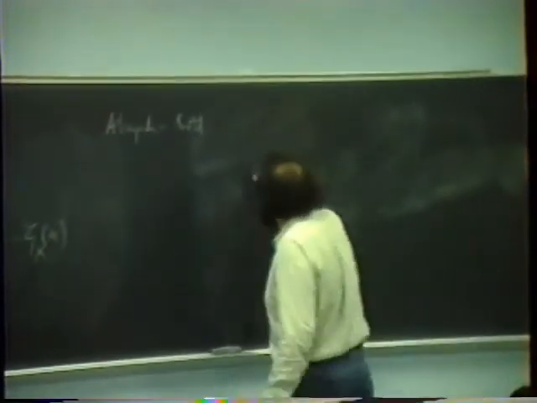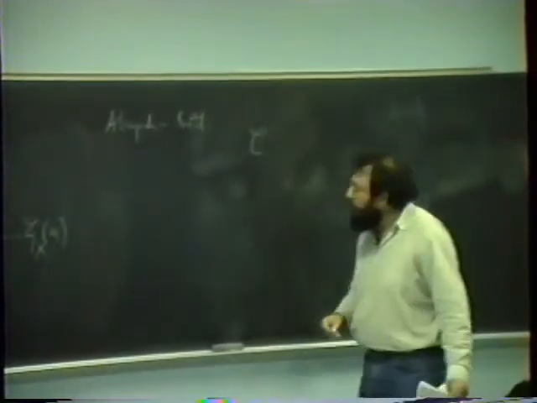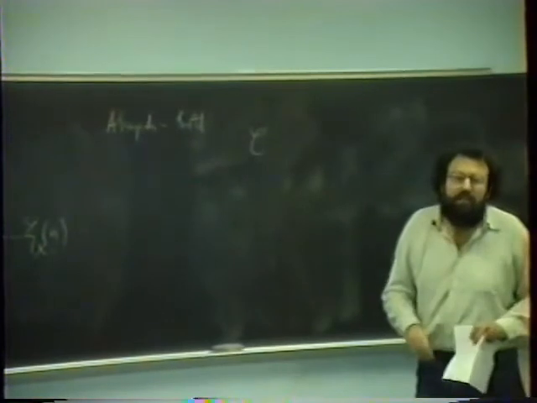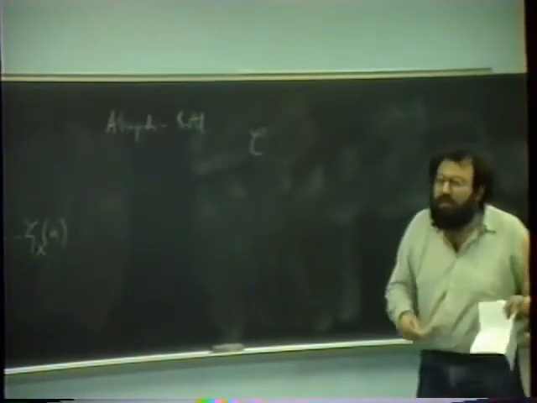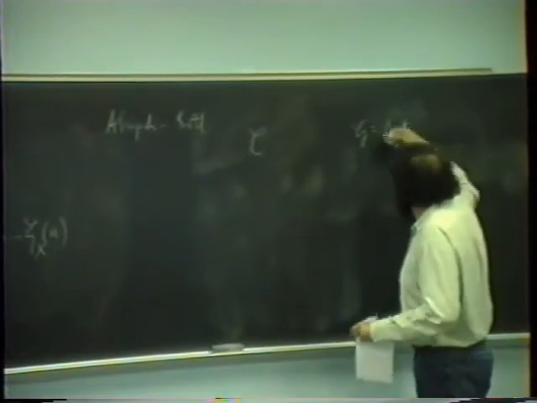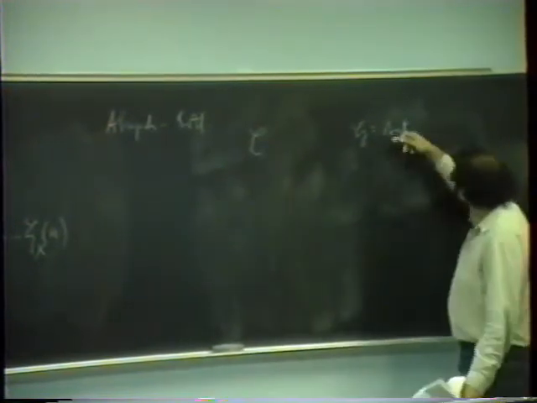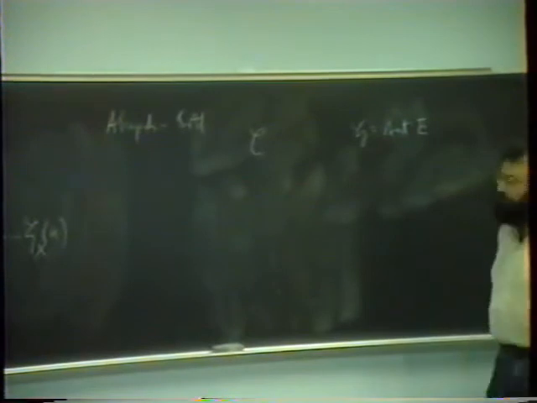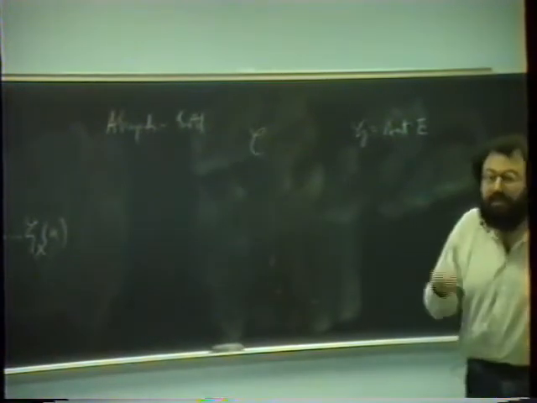So what they would do is fix the C-infinity vector bundle, consider all the complex structures, and let the gauge group, which is just the complexified gauge group, the C-infinity automorphisms of the fixed vector bundle, act on that.